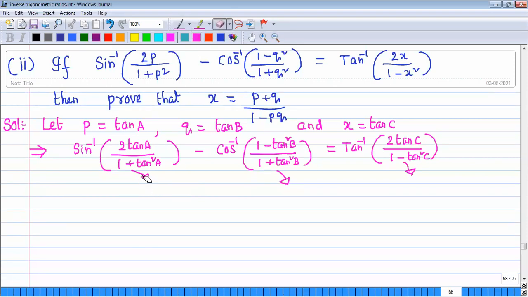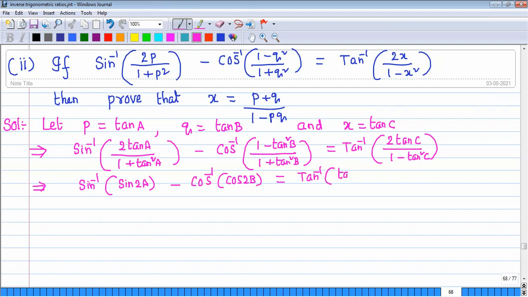So let us replace now. We have sine inverse of sine 2A minus cos inverse of cos 2B equals tan inverse of tan 2C.